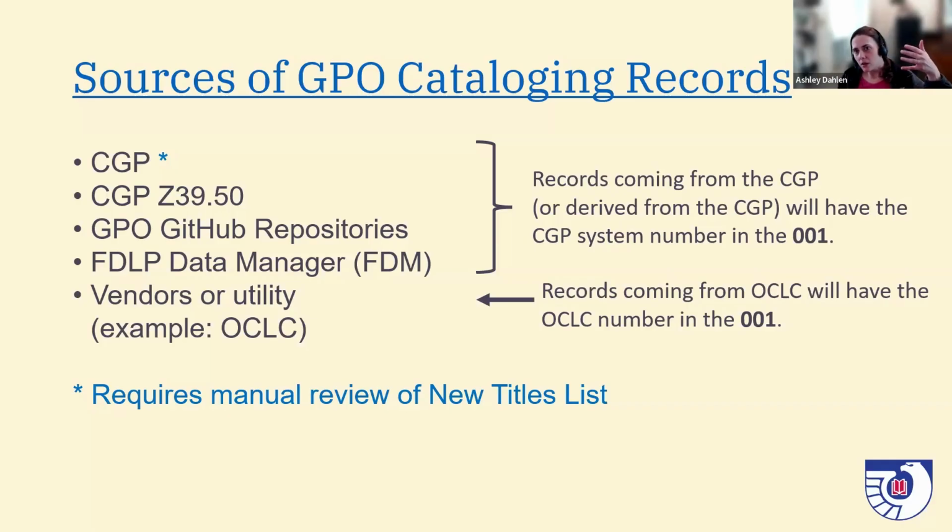If you get your catalog records from the CGP, or from Z39.50, or from GitHub, or from FDM, the local system number is going to be the CGP system number. If you get the same record from OCLC, the local system number is going to be the OCLC number. So depending on where you pull your records from, you may have different metadata elements.